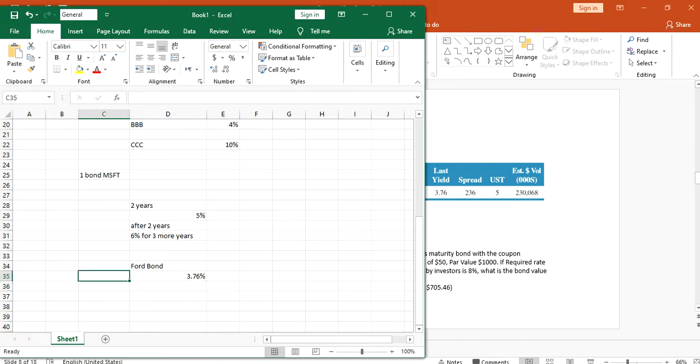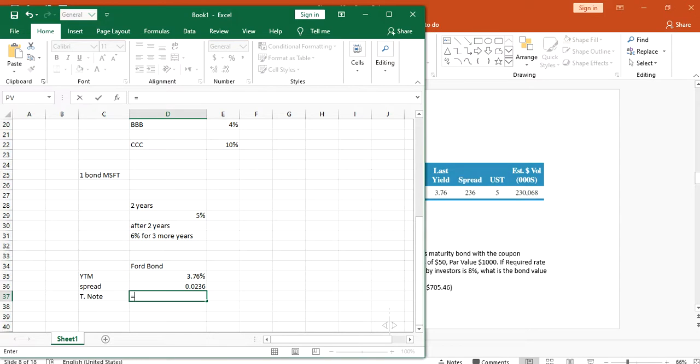Okay, that was yield to maturity. Spread and T note. Here we have the spread, which is 0.036.